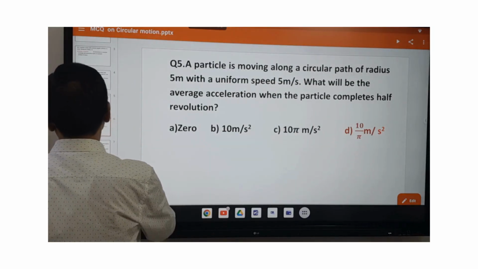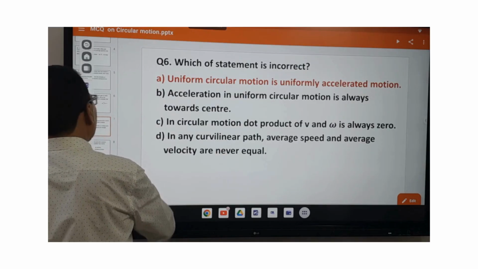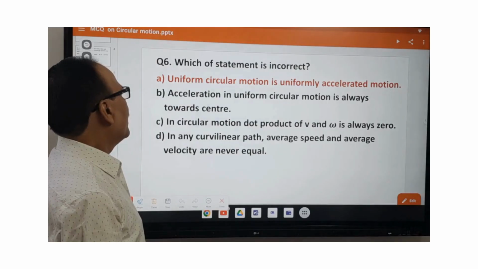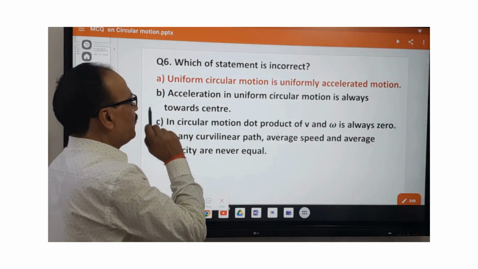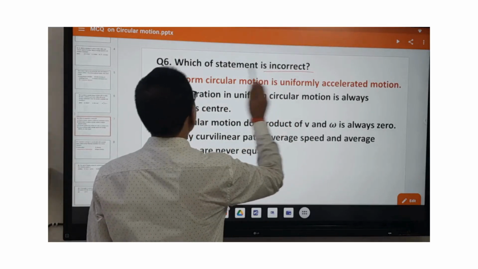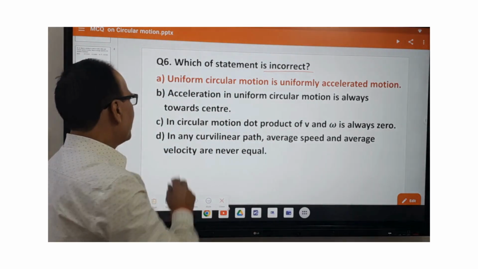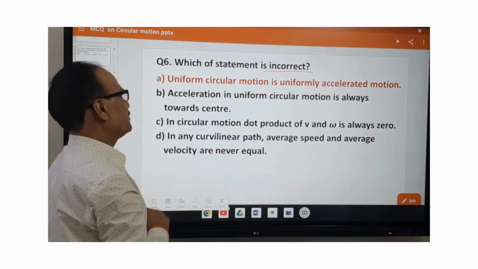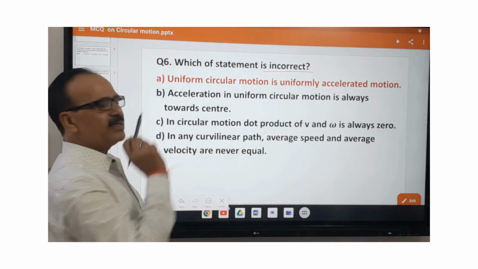Next question, question number 6. This is an important question. Here you have to find out which statement is incorrect. Some statements are given. First option: uniform circular motion is uniformly accelerated motion.